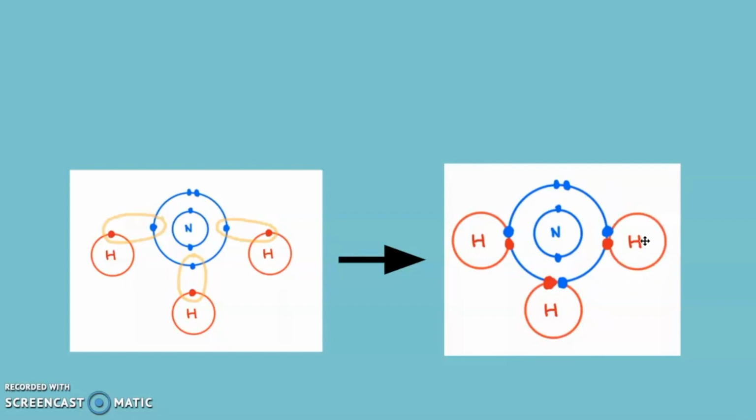And over here with this hydrogen, 1, 2 valence electrons, it's happy and full. Shifting my focus to nitrogen, let's make sure nitrogen's happy and full too. It has 1, 2, 3, 4, 5, 6, 7, 8 valence electrons. Nitrogen is happy and full as well. Because of this covalent bonding, everyone has ended up happy and full.